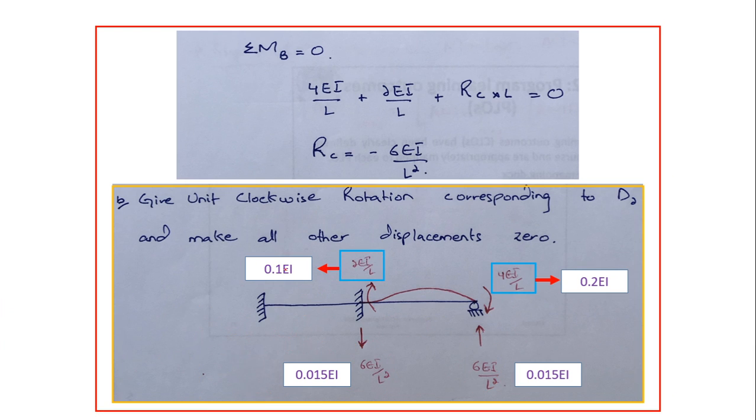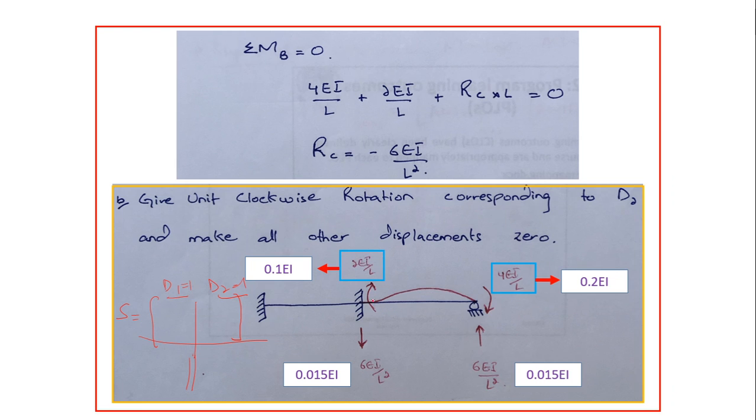Here, for example, the stiffness matrix would be developed like this: D1 is equal to 1, D2 is equal to 1. Here, the second column would be made. The values for the second column will be attained using this.